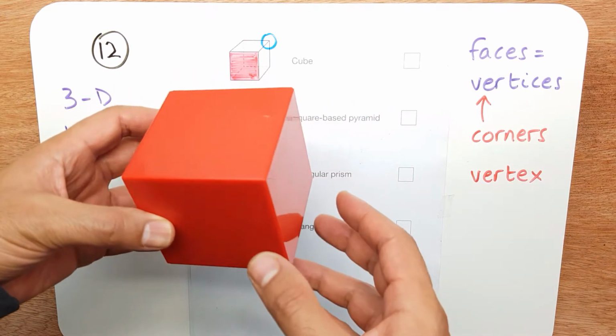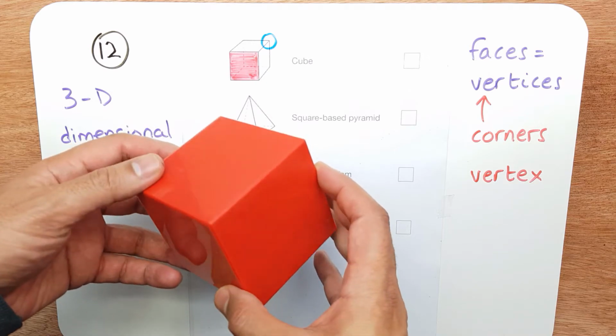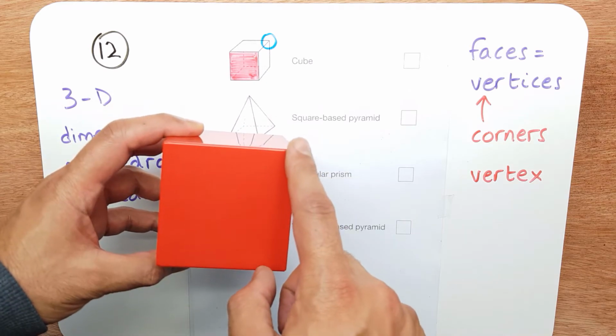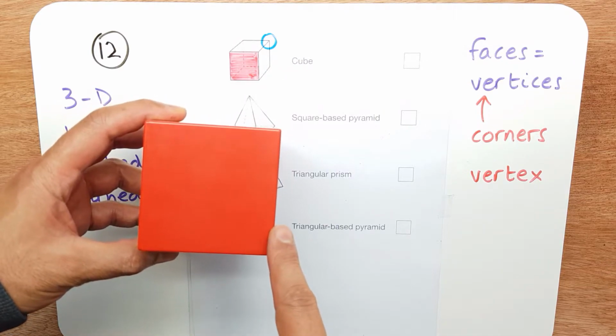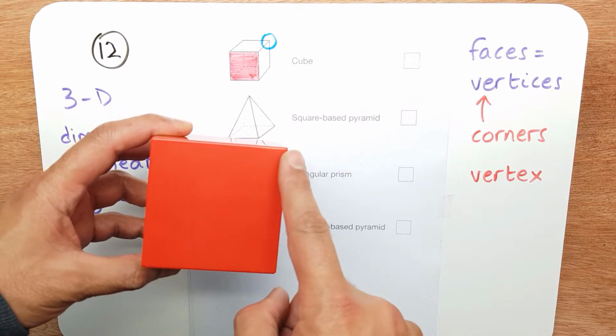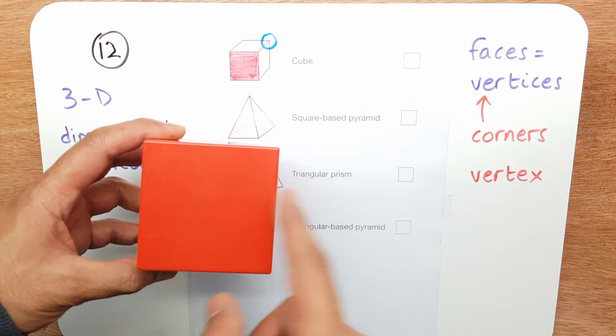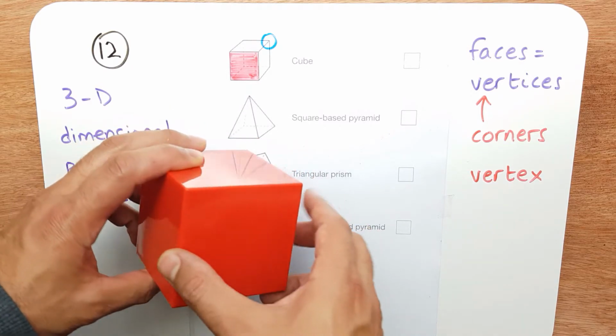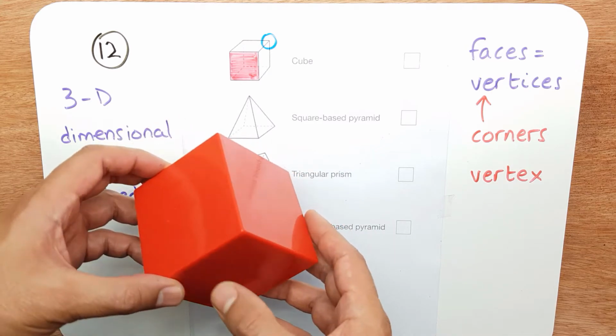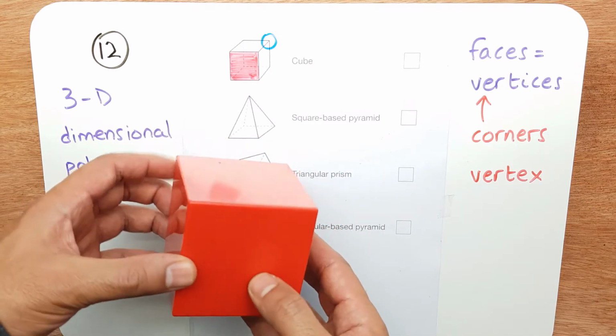Now here we have a cube. If you look, all the edges are the same length. So this is a square. This is another square, and they're both exactly the same. So you have 6 faces that are the same.